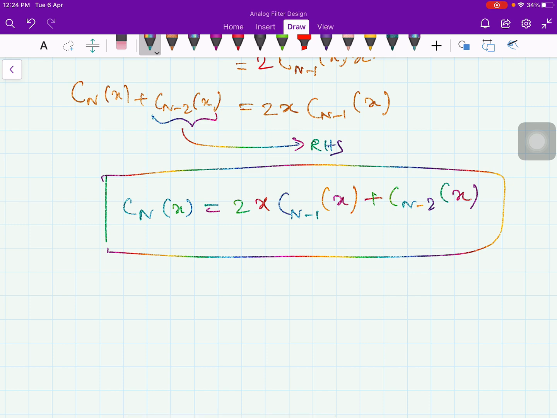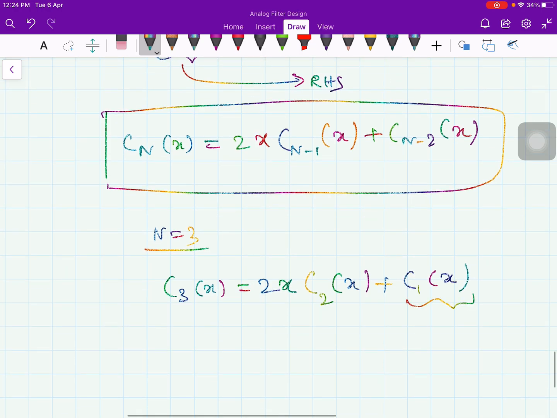For example, if capital N is 3, then C3 of x is equal to 2 times x, then 3 minus 1 is 2, C2 of x plus C1 of x, and this we already calculated.